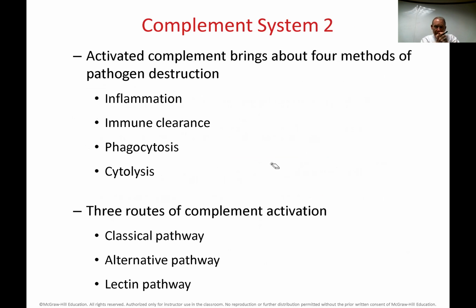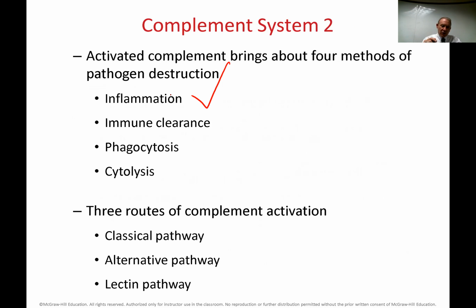Complement has 4 ways in which it can help. Complement will help produce inflammation in an area. We think of inflammation as bad, but it isn't always bad. Inflammation means warmth. Why warmth? That's because there's more blood flow. More blood flow, we can get more white blood cells to the area, that sort of thing. It helps with phagocytosis, right? Eating up of these infectious microorganisms.